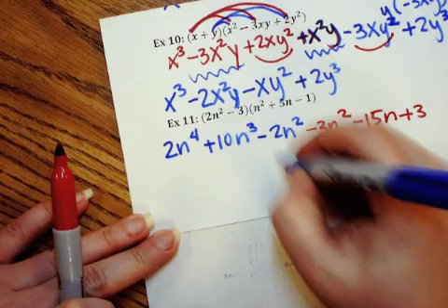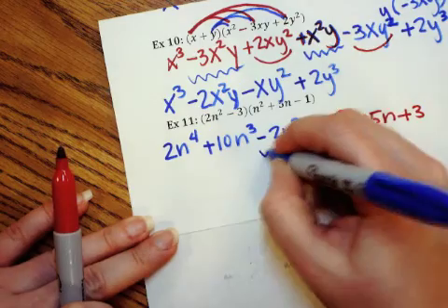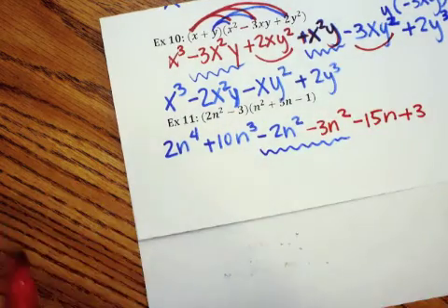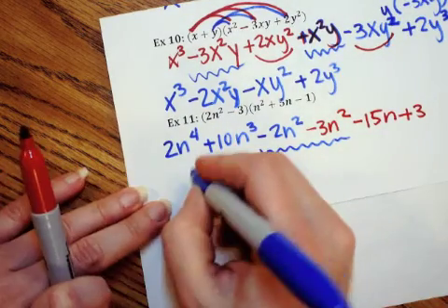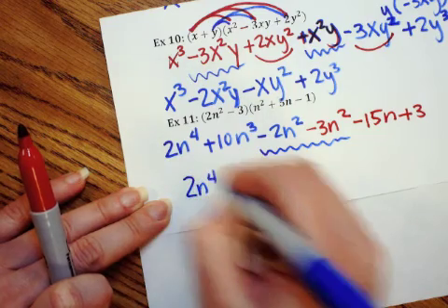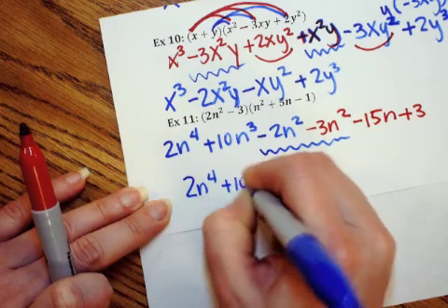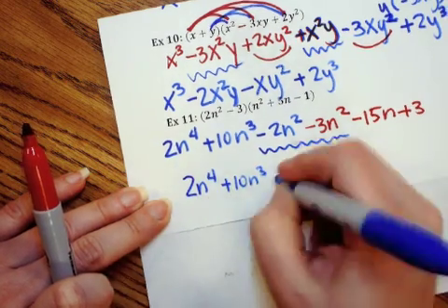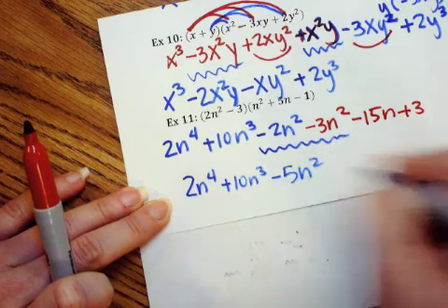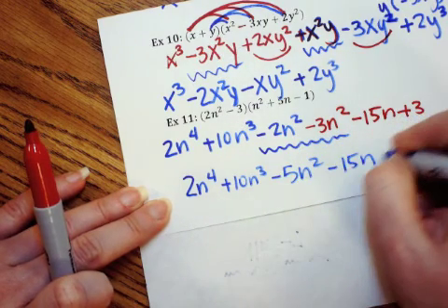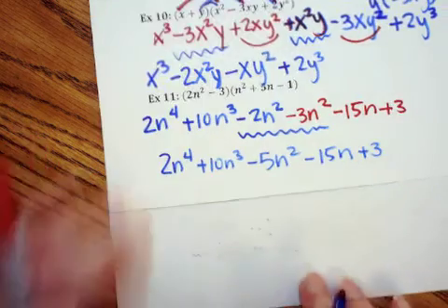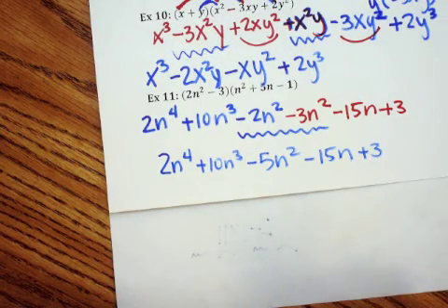In this case, my like terms are right beside each other. So my final answer is 2n to the 4th plus 10n to the 3rd minus 5n squared minus 15n plus 3. Go ahead and try your practice.